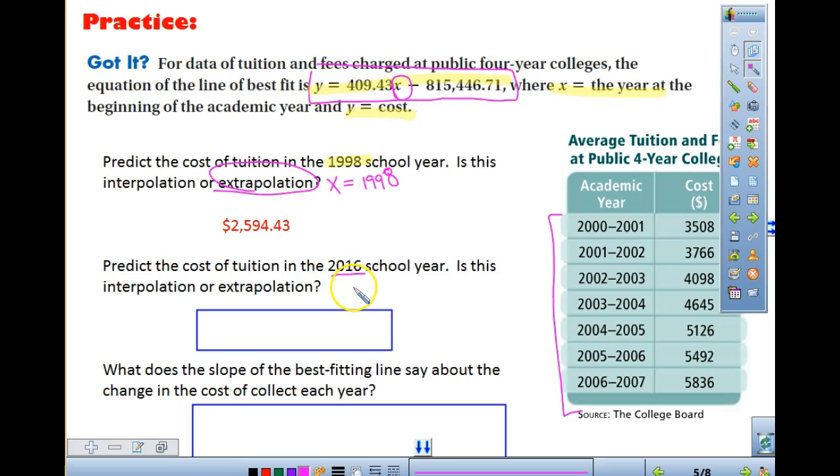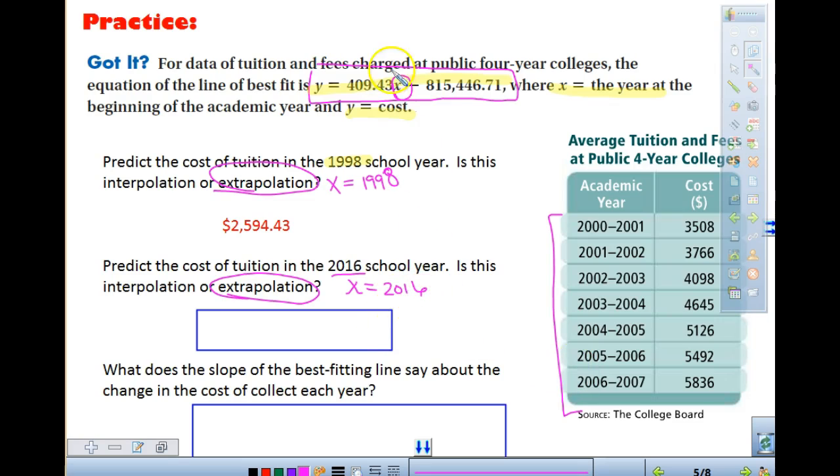2016, we are now going to replace X equals 2016. This is also from our data, an extrapolation, right? It's outside of our data. So this is like looking at Morehead State, Valley City State, MDSU, we're talking about state four-year institution colleges and how much they are charging for tuition.